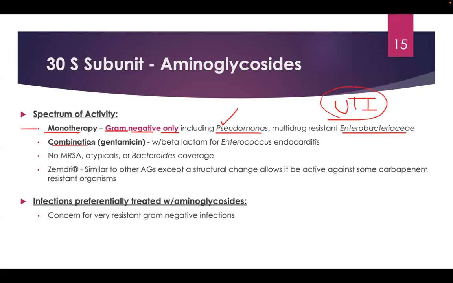The combination with gentamicin, remember with Enterococcus endocarditis, we talked about that, specifically Enterococcus faecalis. We would give ampicillin to cover that, the Enterococcus faecalis, not faecium, that's usually vancomycin resistant. But we would give the gentamicin with that.